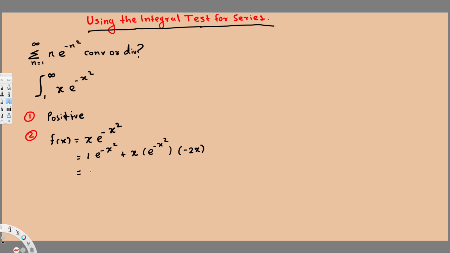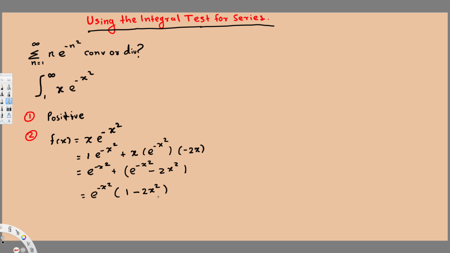So this is going to be 1 minus 2x squared, because we have a minus right here. This is what we get.